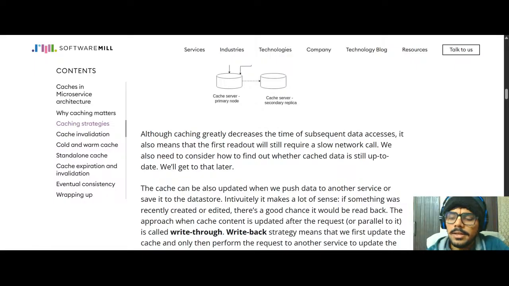And for microservice applications, I might consider a blog to read. We had cold and hot caching.